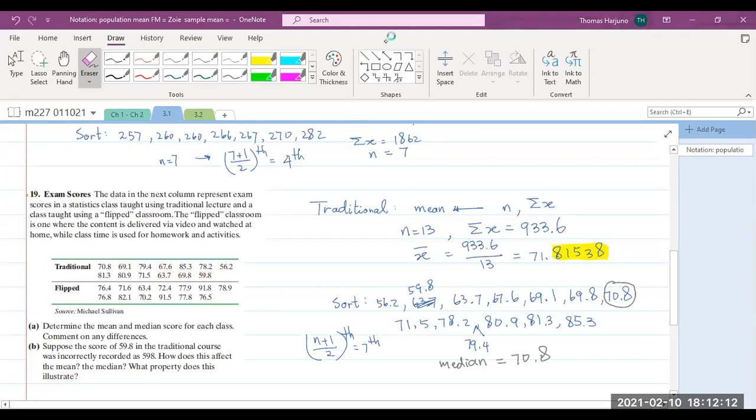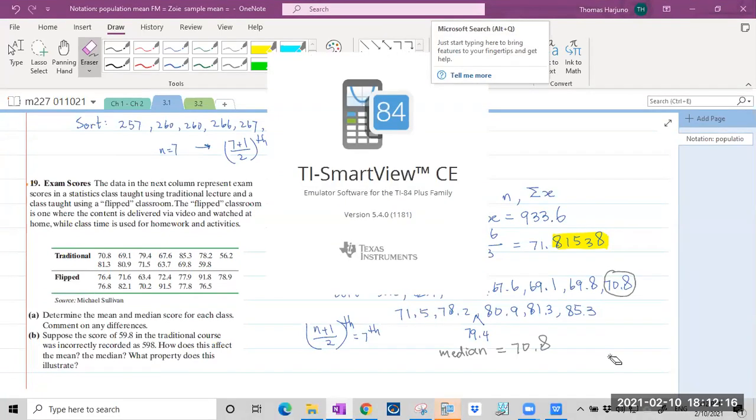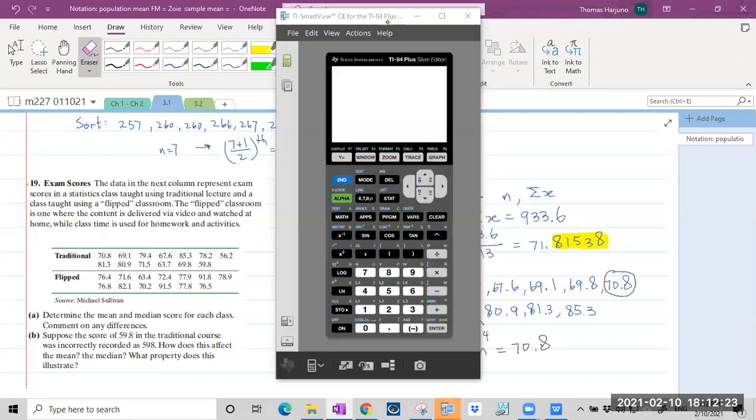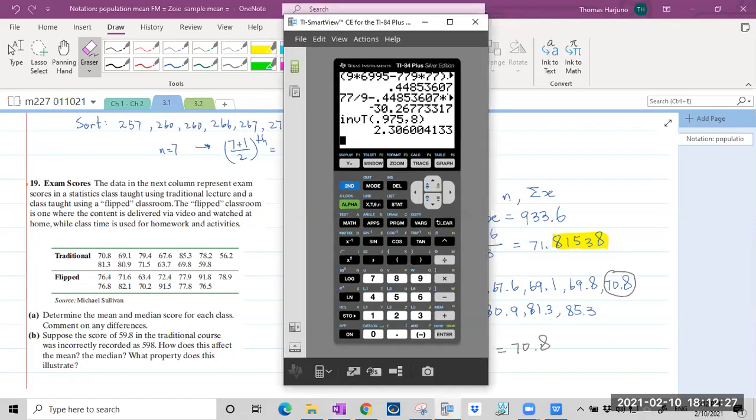Okay, let's try. I show you my calculator here. Basically, we add all those numbers.